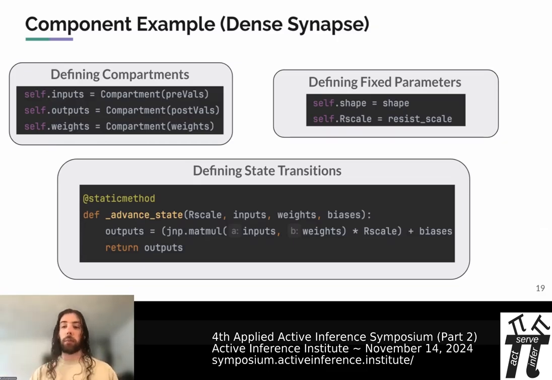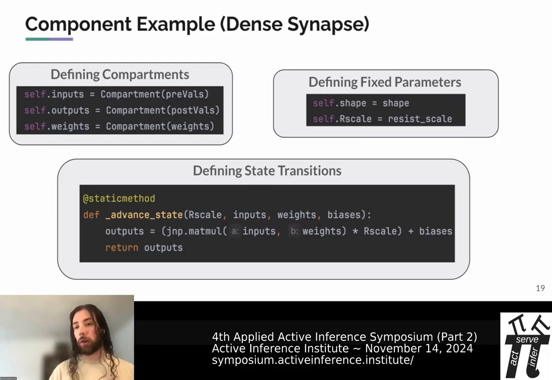What this does is a bunch of stuff under the hood. When you build a dense synapse and construct it, this will build three compartments under the hood and register them inside the dense synapse and link everything together correctly. That way we know that they exist and we can wire into them.